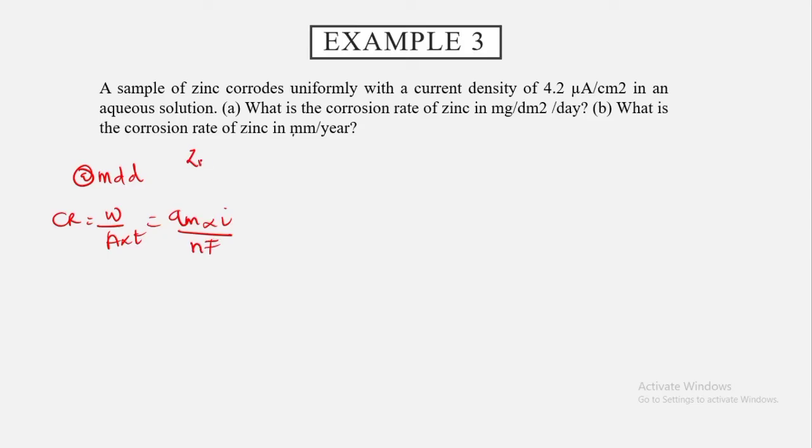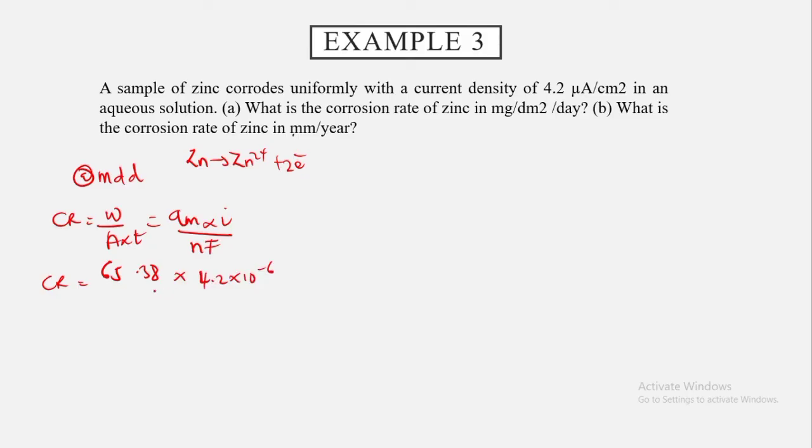And we know that zinc corroding gives zinc 2 plus, or 2 electrons. So the number of electrons transferred is what? 2. So let's do substitution. So CR is equal to, we have the atomic weight of zinc, 65.38, then times the corrosion current density, 4.2 times 10 to the negative 6.